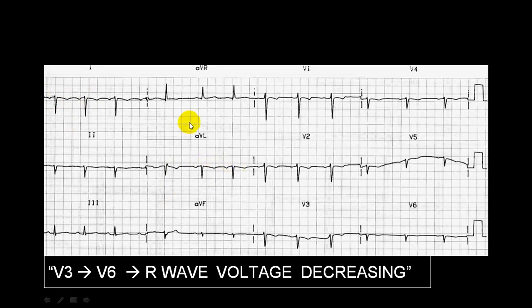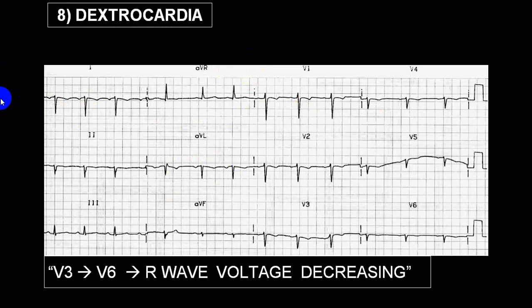Such things can happen because lead reversal has taken place, or it is dextrocardia. Now, if it is a lead reversal, only in the limb leads you will get this criteria, but from V1 to V6 you will have R wave progression, and in V5, V6 you will have a tall R wave.